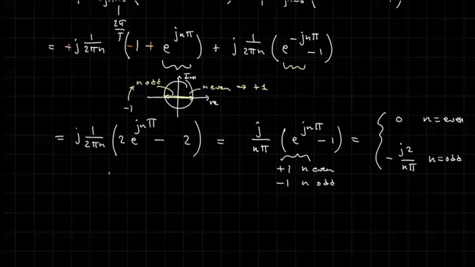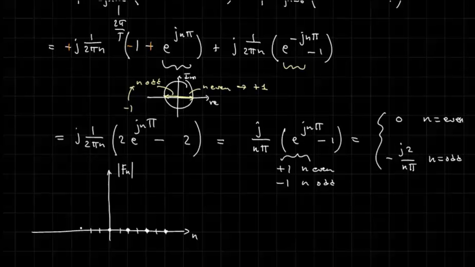So we can draw the frequency spectrum, say n, and let's plot the magnitude of f of n. It is 0 for all even values.